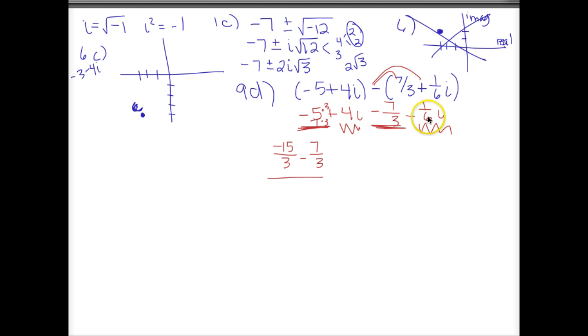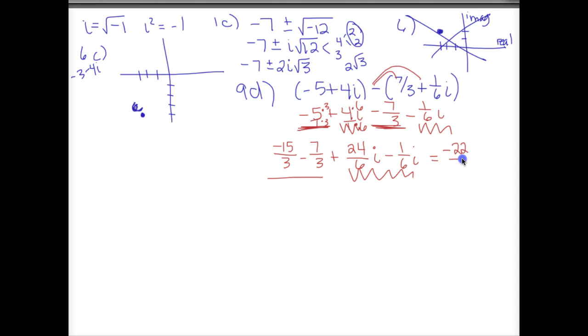Then for my imaginary parts, this denominator was 6. So if I want this to have a denominator of 6, I multiply by 6. And so then that gives me 24/6 i and this is a -1/6 i for those like terms. So combine them. -15 minus 7 gives me -22.